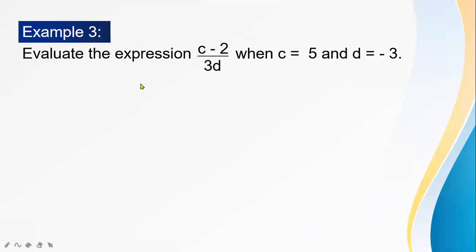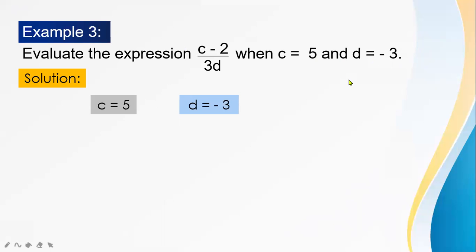Next, number 3. Evaluate the expression c minus 2 over 3d when c equals to 5 and d equals to negative 3. So again, we have the solution. So your c equals 5 and d, the value of d equals to negative 3.